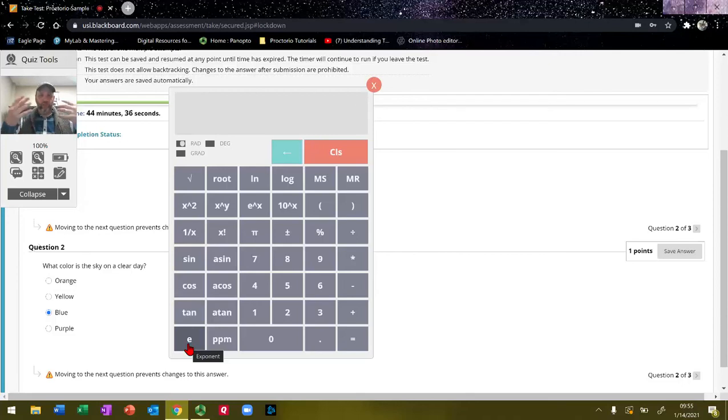It should give us 2,000 because 10 to the third power is 1,000, and that times 2 is 2,000. So the way we would enter this is 2E3. What this is going to give us is the calculation of 2 times 10 to the third power, and it should give us 2,000, and it certainly does.